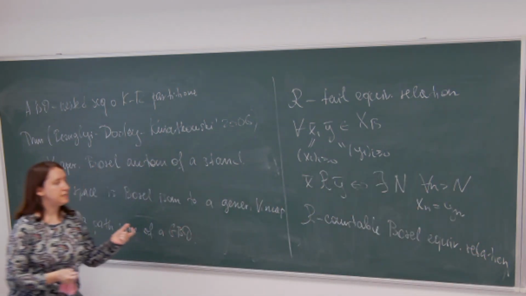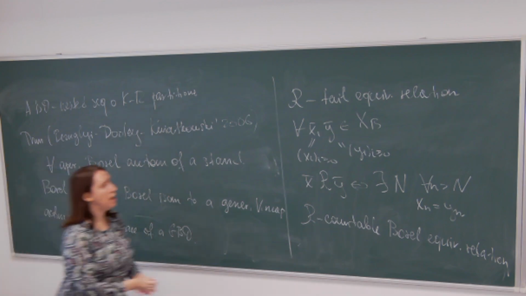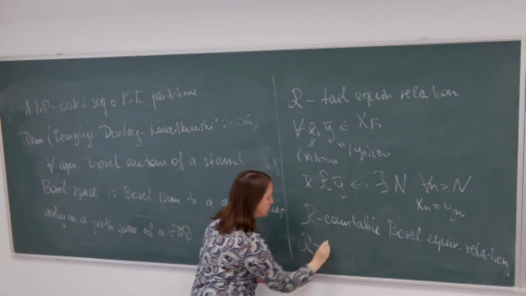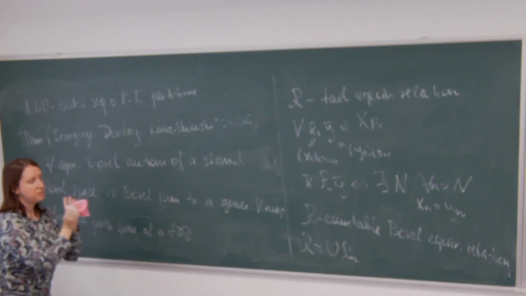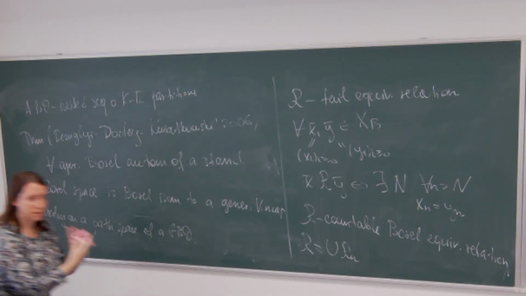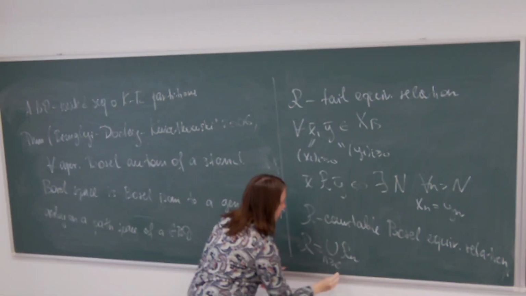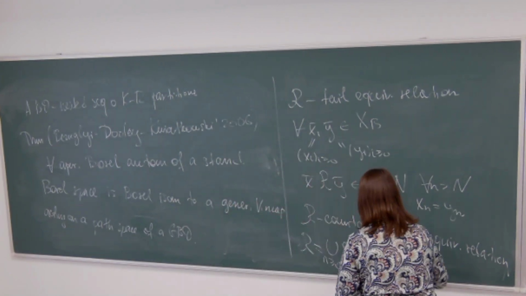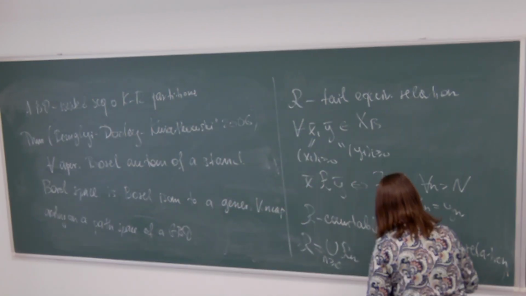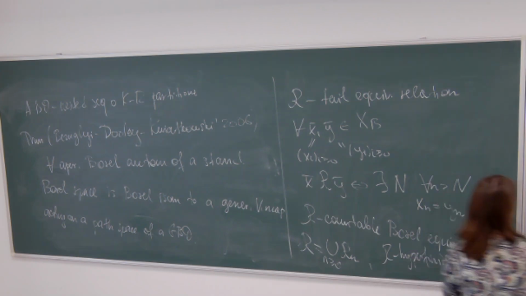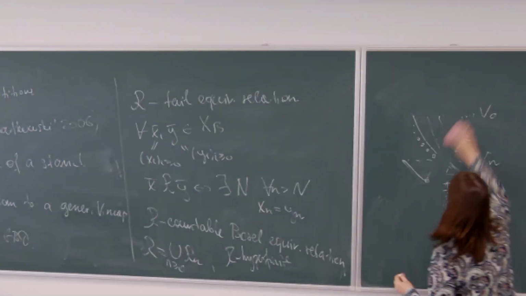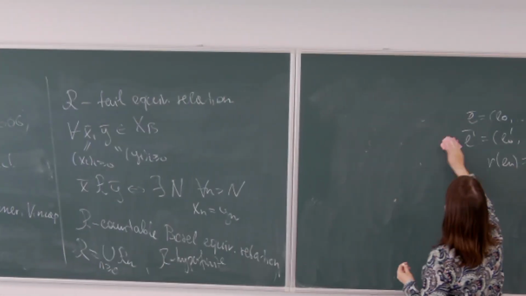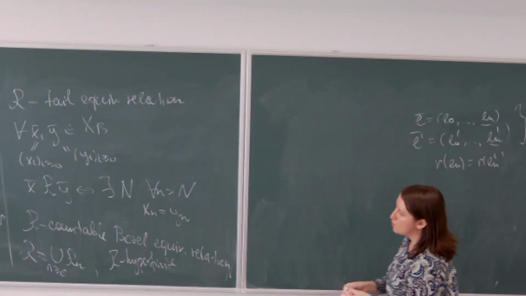And moreover, it is so-called hyperfinite. Hyperfinite means that it can be represented as an increasing union of equivalence relations with finite equivalence classes. So R is hyperfinite. What is R_n?